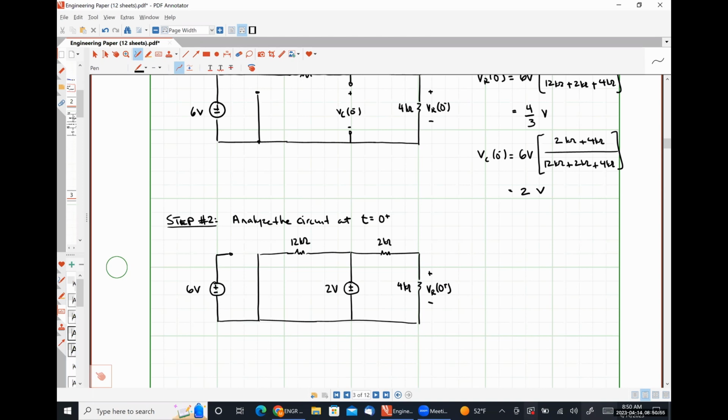As a little reminder, VC at 0 plus is equal to VC at 0 minus, which is 2 volts, right? I don't have to find that. I know that has to be true. So the only piece of information that I need to determine now is VR at 0 plus.